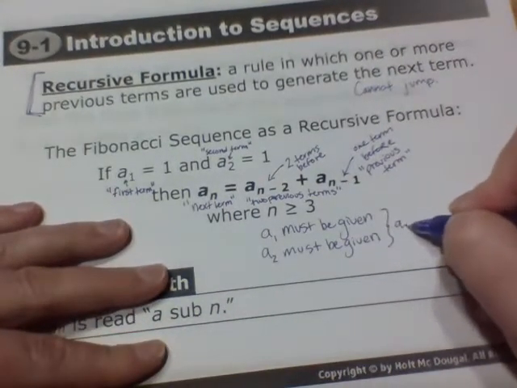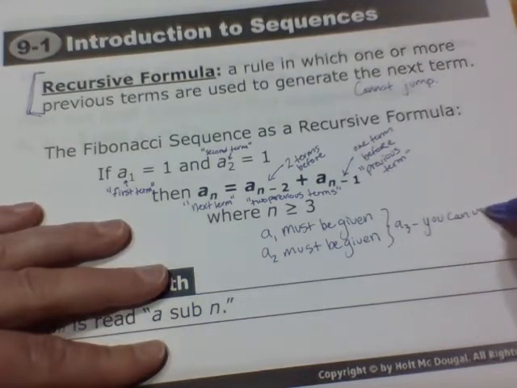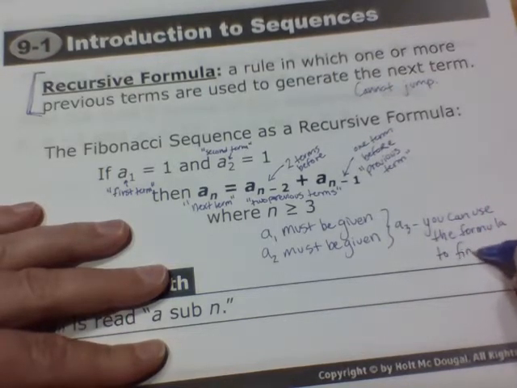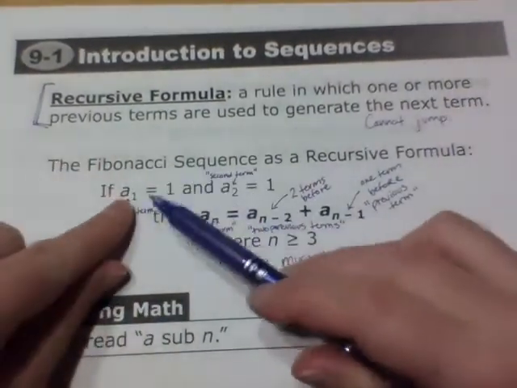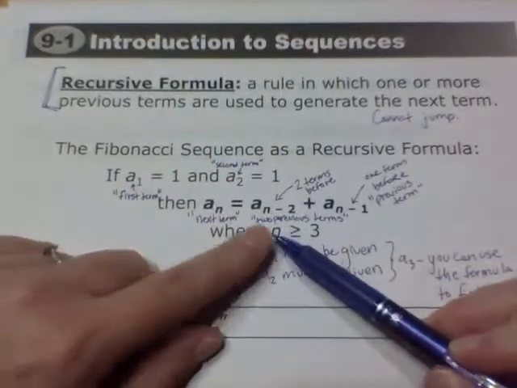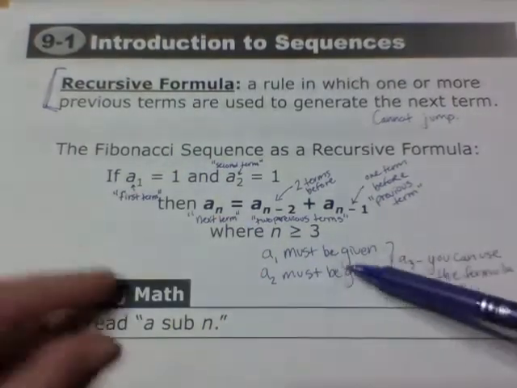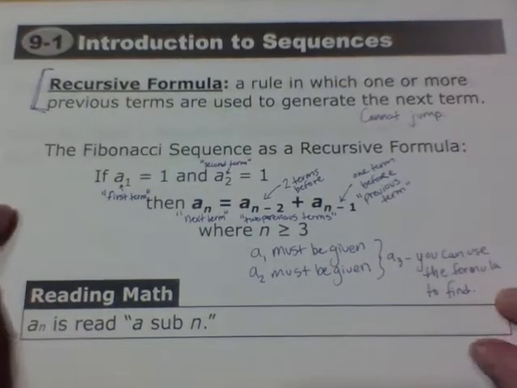And a sub 3 you can use the formula for. But you cannot use this formula right here to find a sub 1 and a sub 2, because it's saying that the number of terms needs to be greater than or equal to 3 because those were given. So the third one you could use the formula.